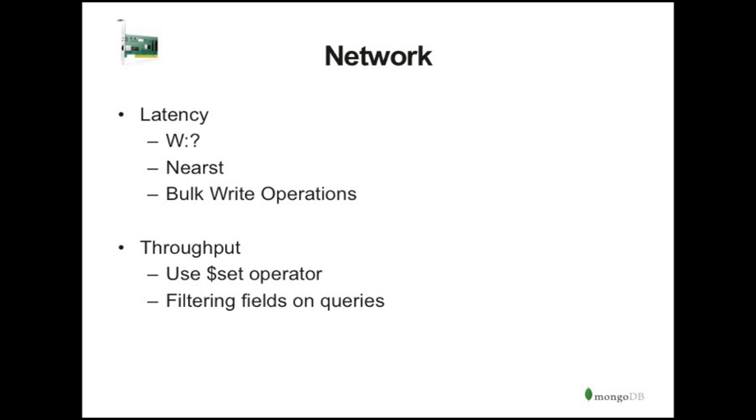But there are things that we should consider when we're trying to use these resources in terms of network. When we're dealing with latency, we should consider the write concern that we are using. If we have a very low latency system, we can probably have higher durability using a higher write concern. In the opposite case, we'll probably only want to confirm on the primary, to make sure that the data will then replicate, but not affecting the resources or the functionality that the application actually needs.